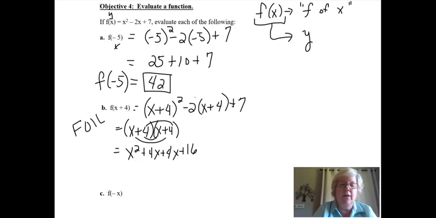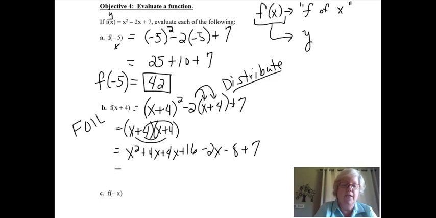In the middle here, I notice that I have to use the distributive property. So I'm going to have to multiply that -2 in front. So that's going to give me a -2x and a -8 and a +7. From here, I simply need to combine like terms.